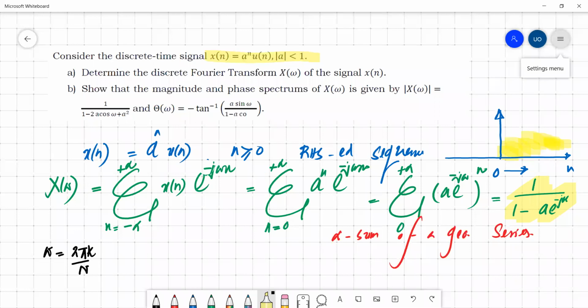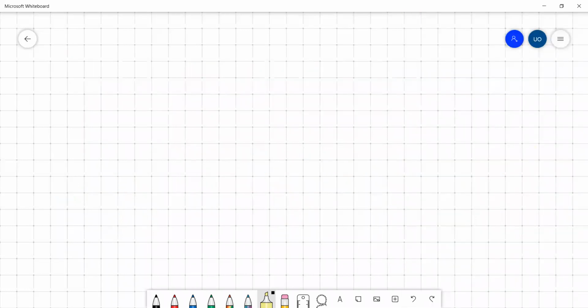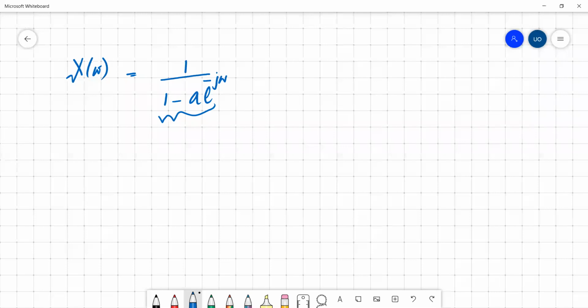Now we need to find the magnitude and phase. So how do you obtain this? It's again very clear. You have X omega as 1 over 1 minus a e to the power minus j omega. To obtain the magnitude, this is a kind of complex number.